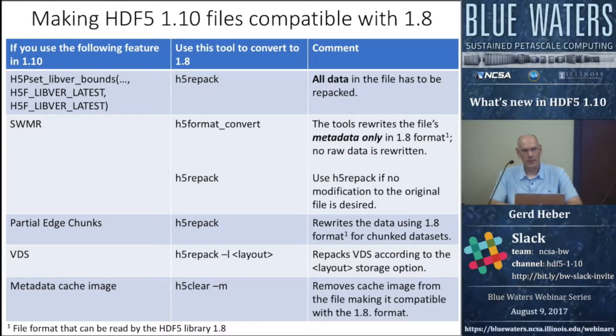One is this tool called h5format_convert that basically removes some SWMR-specific information from that file. And the good news, this is just metadata. So this is an operation that's extremely fast, takes less than a second, where we strip out some of that metadata, and assuming you are not using any non-1.8 incompatible features, your raw data will not get touched, it will not be changed in any shape or form.